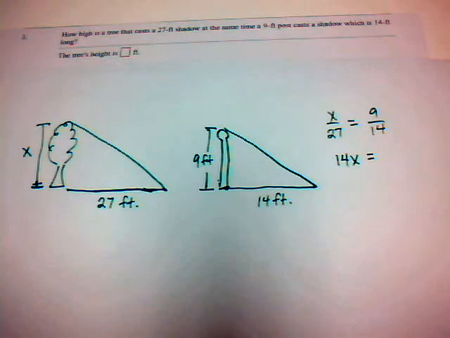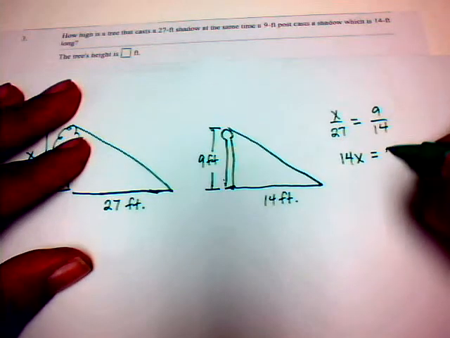Okay, and if you have a calculator, you can do 27 times 9, which is 243. So 14x is equal to 243.